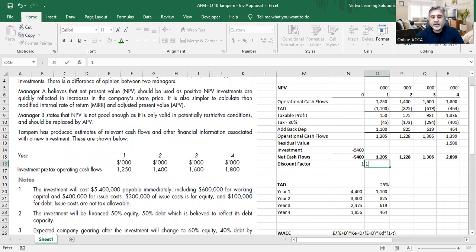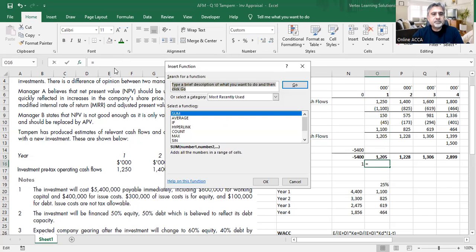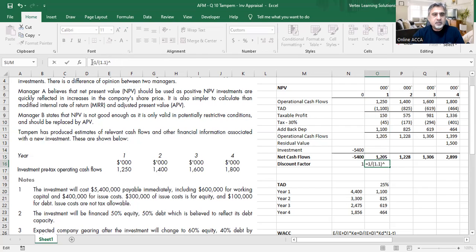How do you calculate? 1 divided by 1 plus interest rate, which is 1.1, power 1. And if I see how it looks, yes, 10%, 0.9091. We remember these numbers.